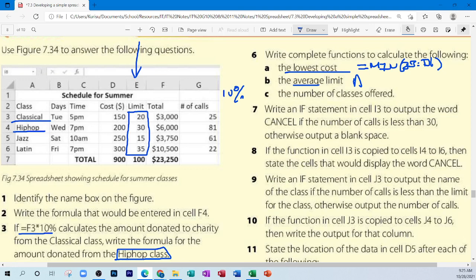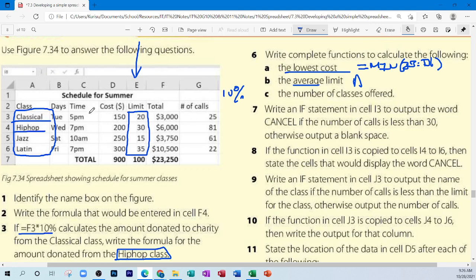That's confusing. Inception. Yes, but that is correct though. Equal COUNTA. So which range did you use? This range? Yes, sir. Alright. So equal COUNTA and you use this range here.